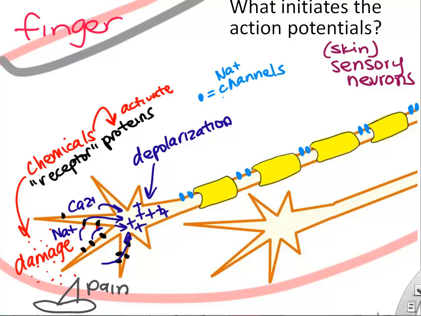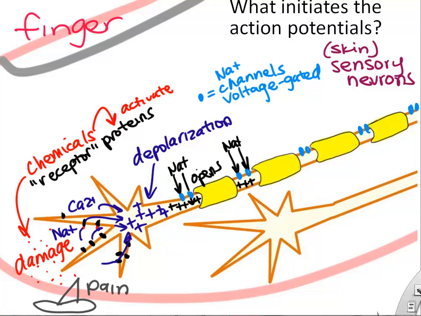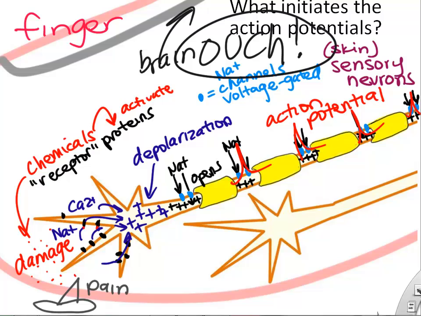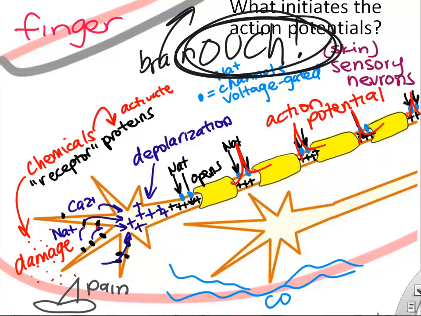And that then causes voltage-gated sodium channels to open up. So remember, they're responsive to that positive charge. They open up, sodium rushes into your neuron, and as those positive charges rush in, we're generating an action potential. And so you're getting an electrical impulse now that will go back to your brain, and your brain will interpret that damage and that pain as ouch.